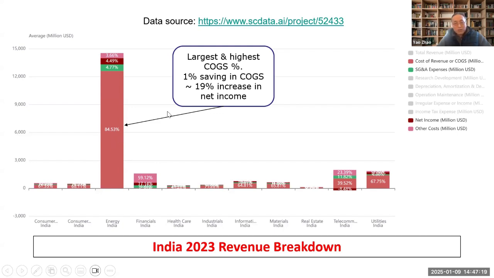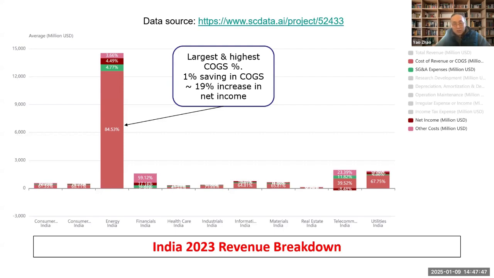So I think this is the tipping point of India's economy. For this industry, operations and supply chain management is just so important. A 1% saving in cost of goods sold for India's energy sector will lead to a 19%, almost 20% increase in net income. And of course, consequently, a similar increase in stock market performance.